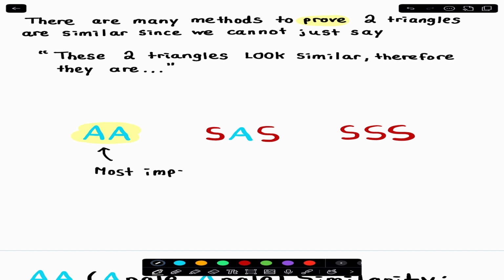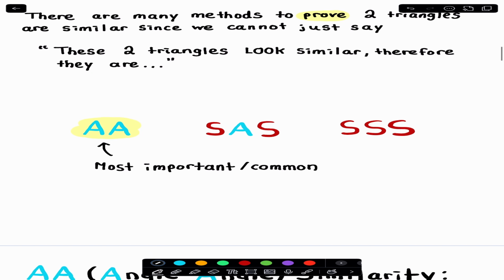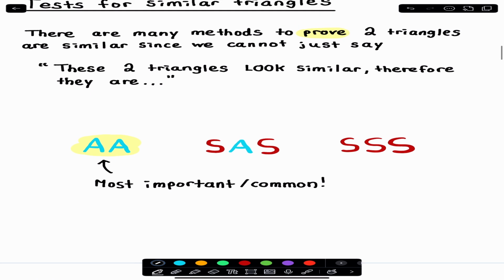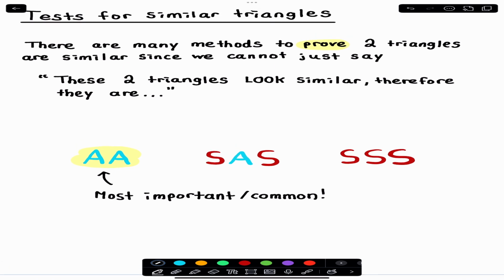That doesn't mean the other two tests are not important and you should forget about them. It's just that AA probably comes up the most often, and it tends to be the easier one in general. So if we like easy ones and important ones and frequently popping up ones, that's what AA similarity is.